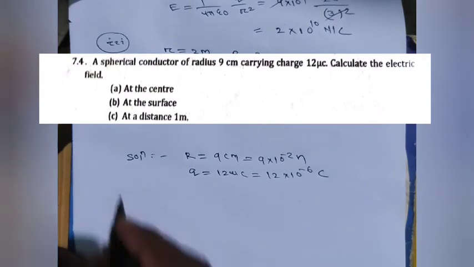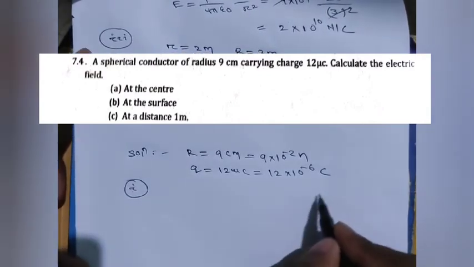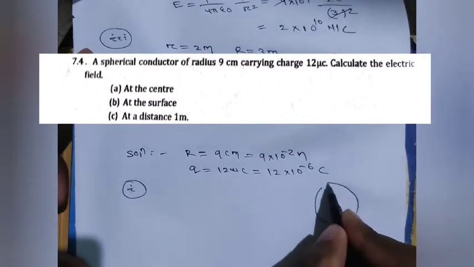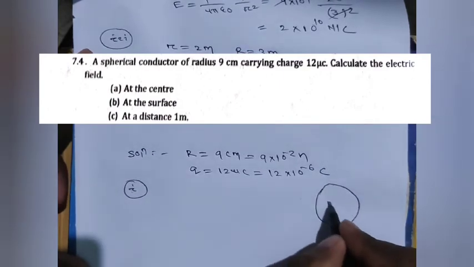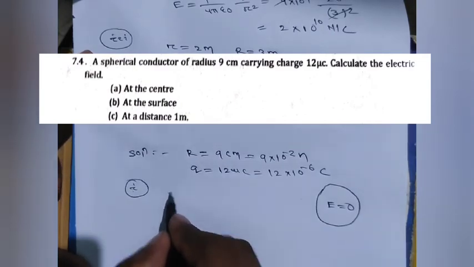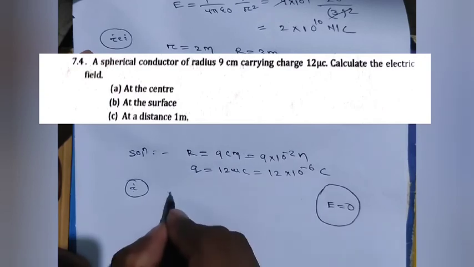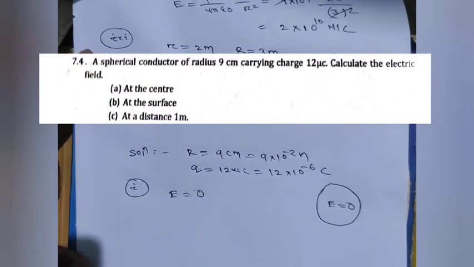So in the first point we have to calculate the electric field at the center. In the earlier question I have already mentioned, inside the spherical conductor the electric field is 0. At the center means inside the spherical conductor, so it's simply 0.